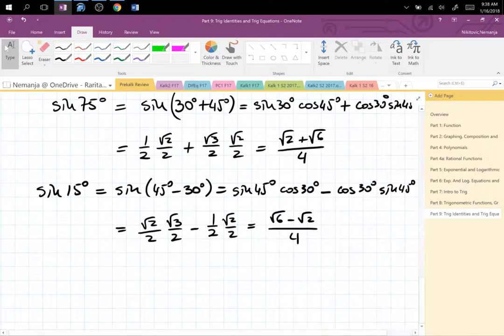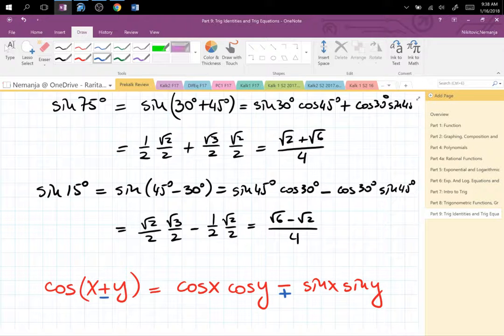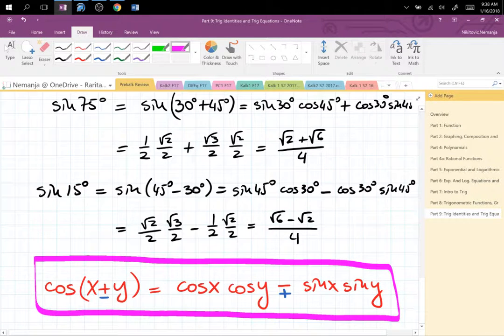Now, the cosine of x plus y is going to be cosine of both. So cosine x, cosine y, and now it's a minus sine x, sine y. And if you have a minus in the parenthesis, you have a plus in the formula. So they flip. And I will box this one.